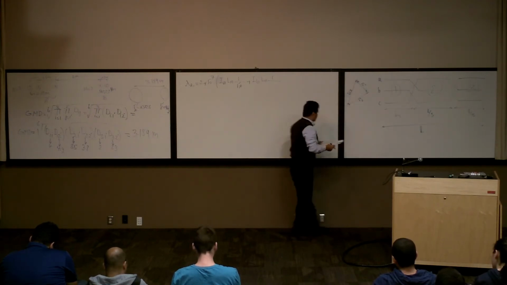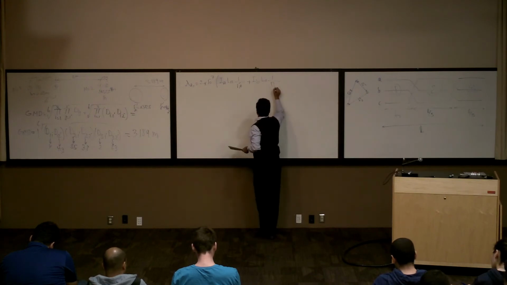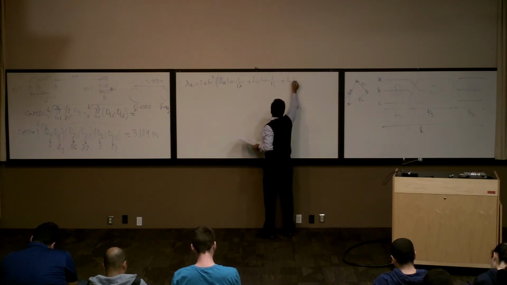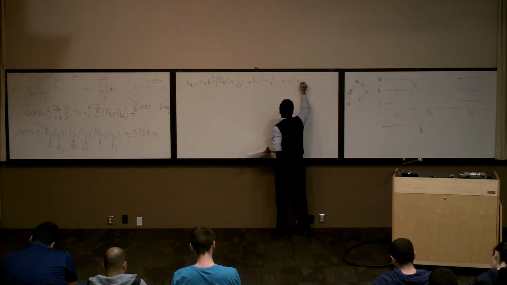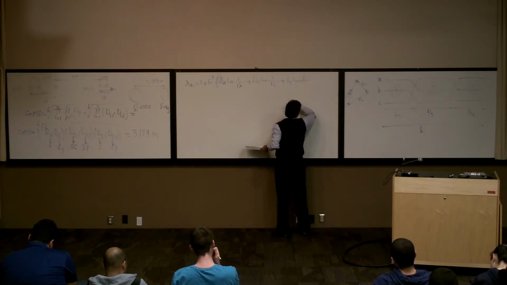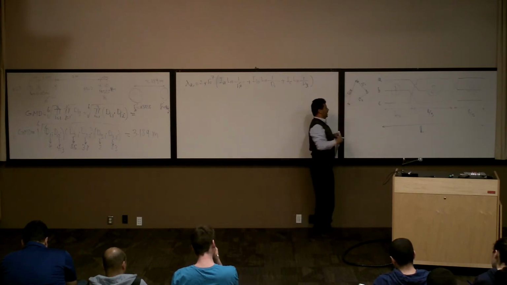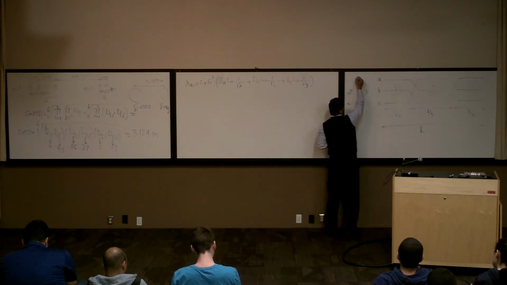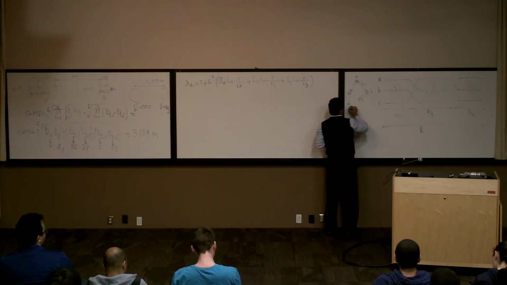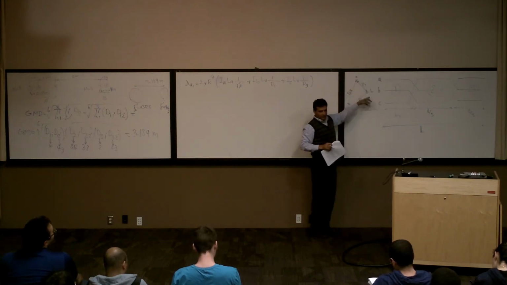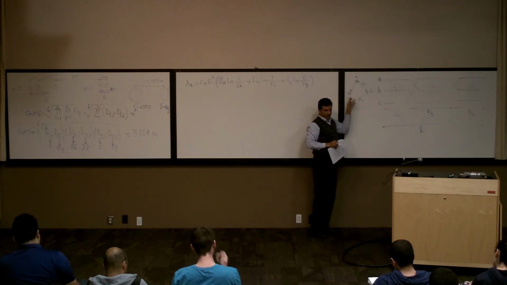It's going to be D1. Plus IC ln of 1 over, which one? D3. This one for this case was A, B, C, right? A to B is D1, A to C is D3.